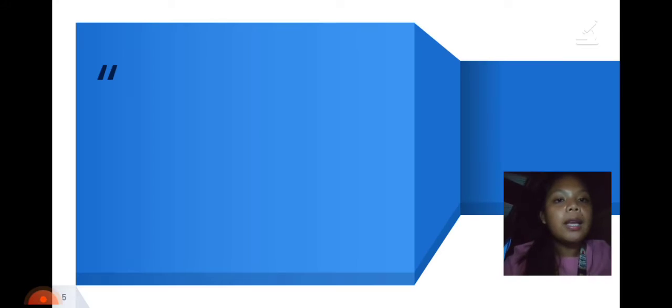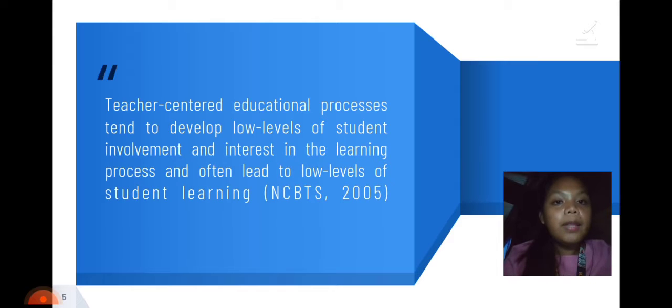Next is the teacher-centered educational processes, which tend to develop low levels of student involvement and interest in the learning process and often lead to low levels of student learning.